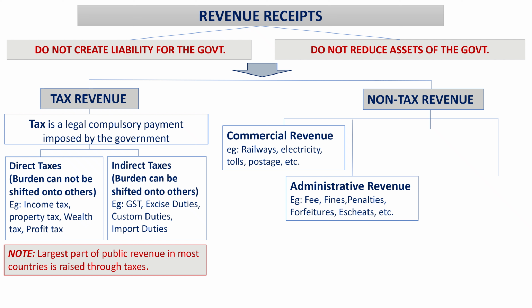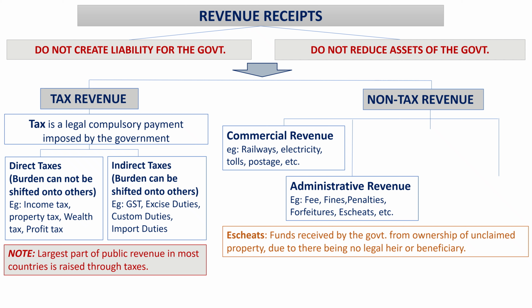Administrative revenue arises because of the administrative functions of the government. For example, fee like court fee, passport fee, license fee, etc. Forfeitures, fines and penalties are charged by the government for disobeying rules and regulations or for violating laws.